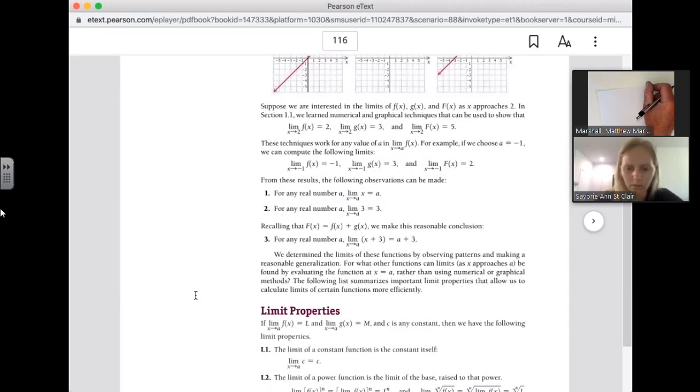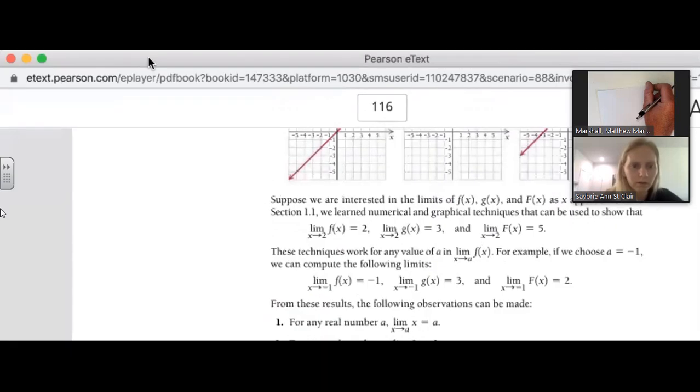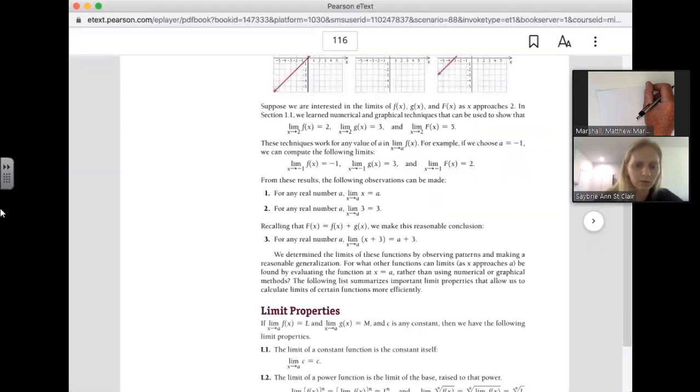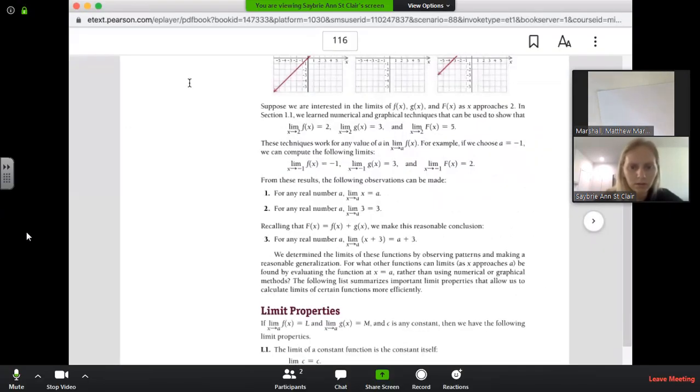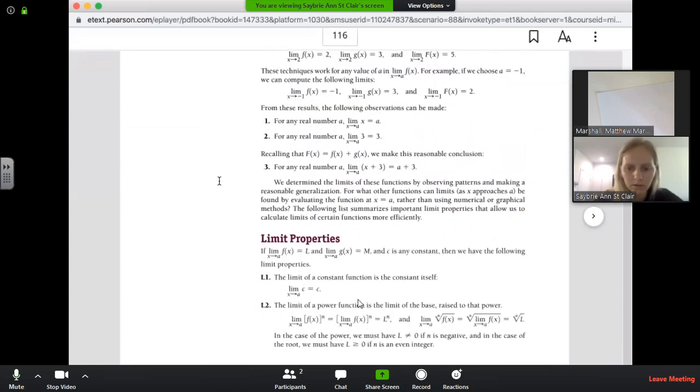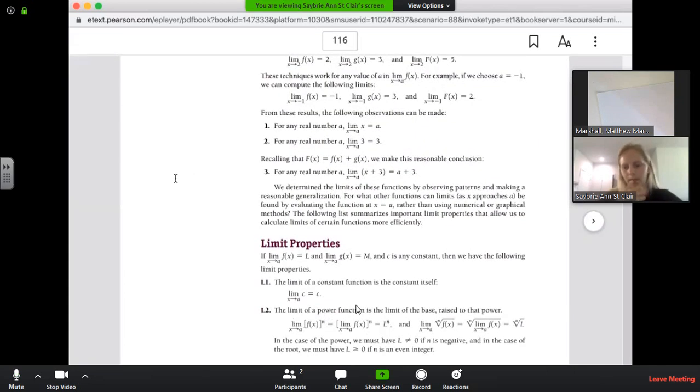Limit properties. So go down that limit properties there a little bit. The limit of a constant function is the constant itself.